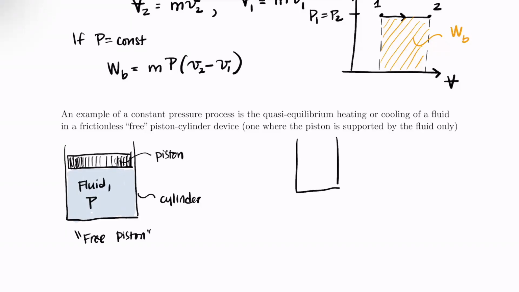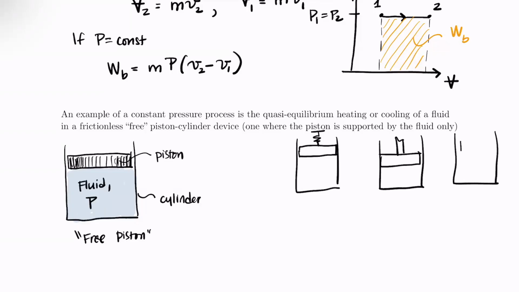A free piston is not a drawing that looks like this, where we have, for example, a spring attached to this thing or a shaft attached to it or any other thing attached to it, or stops at the bottom preventing it from going any lower than that spot.